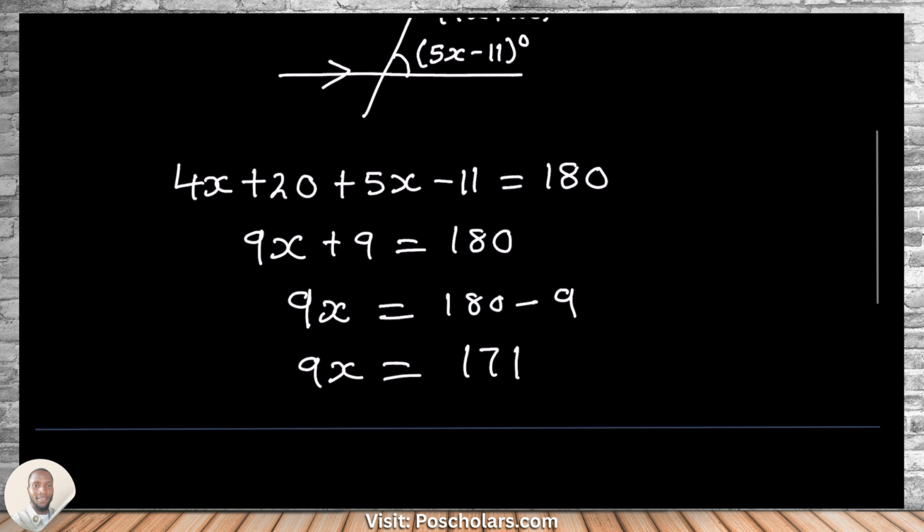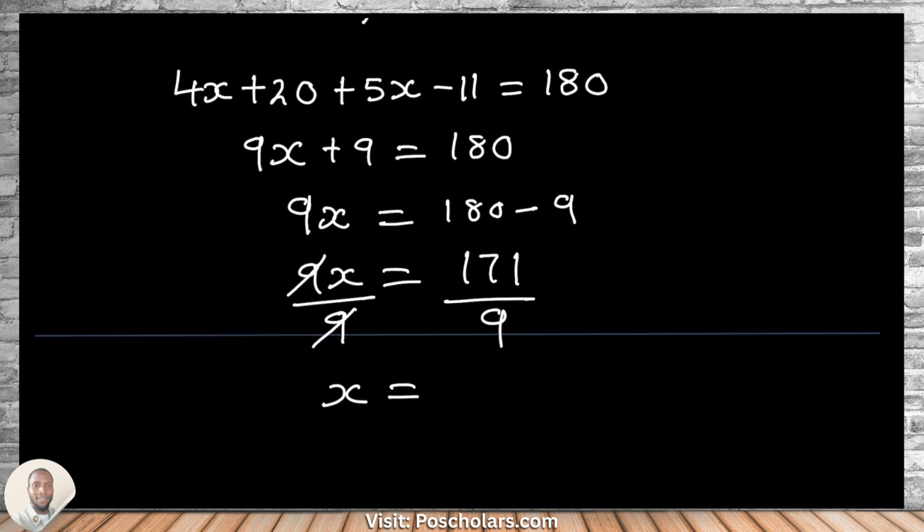Then to find the value of x, we simply divide both sides by 9. 9 cancels 9, and we are left with x on the left hand side. So x is equal to 171 divided by 9, which gives 19. The value of x is 19.